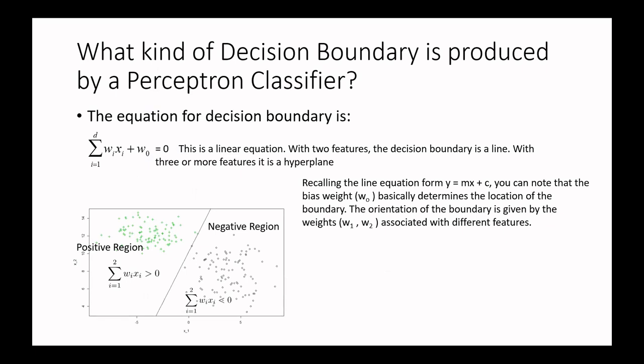And since this is a linear function, the decision boundary that this classifier will produce is going to be a linear boundary.